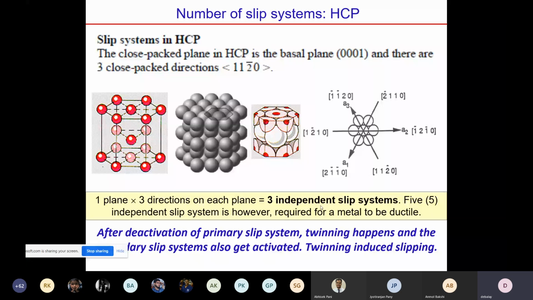Absolutely right. So number 1 is slip. What is number 2? Twinning. When will twinning occur? Twinning occurs when slip is restricted.